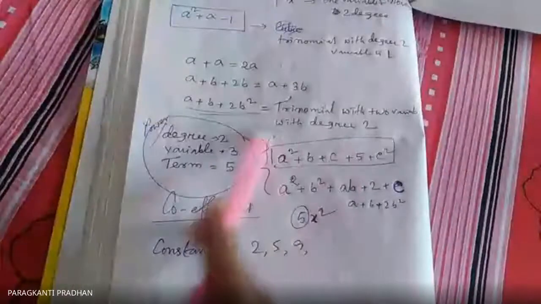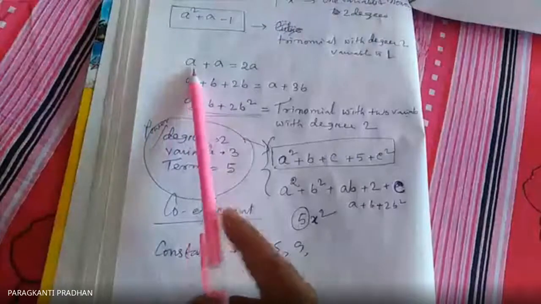So where the variables are the same, they are like terms. Sir, A and 2B can't be added. But there is a question: 2a square and 3a square. Here the variables are the same, so this is called a like term, and we are adding.